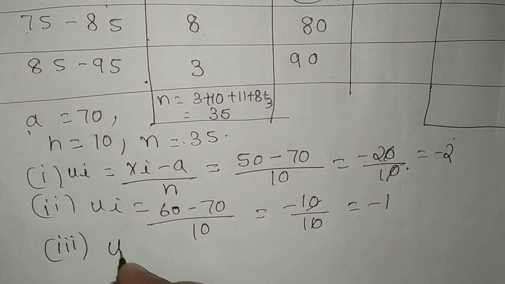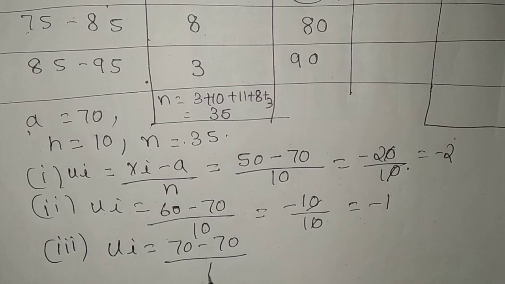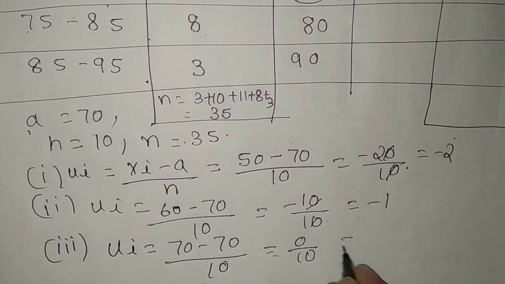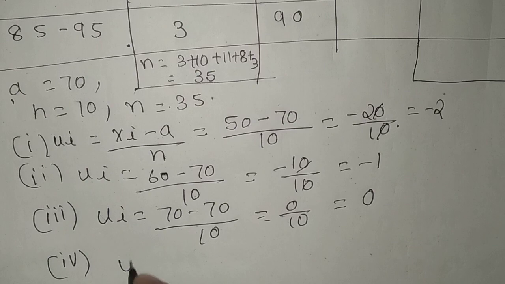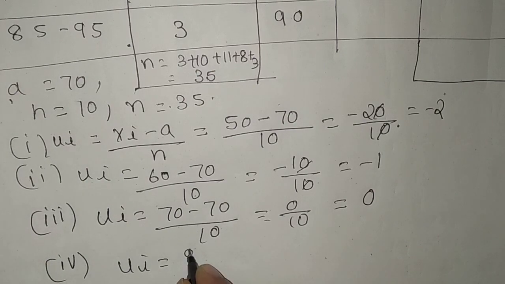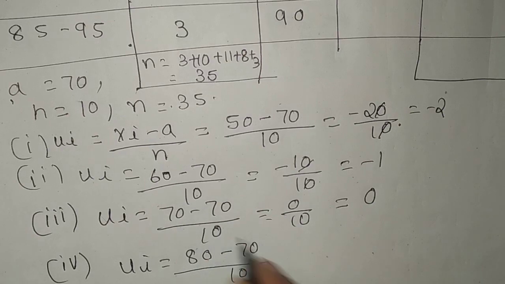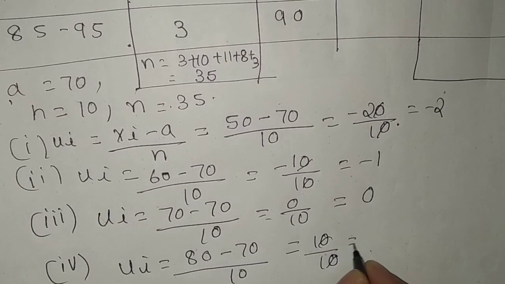Third set, ui is equal to 70 minus 70 by 10, which is equal to 0 by 10, which is equal to 0. Then the fourth one is ui is equal to 80 minus 70 by 10, which is equal to 10 by 10, which is equal to 1.